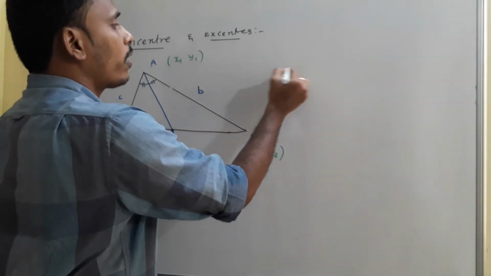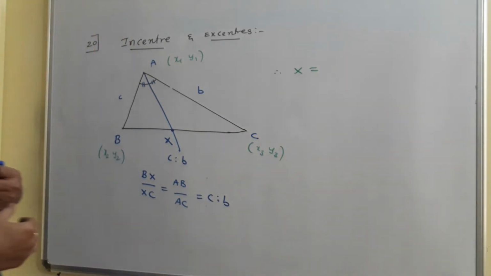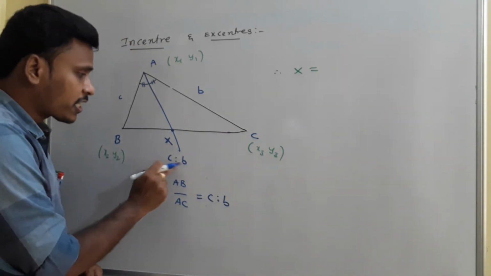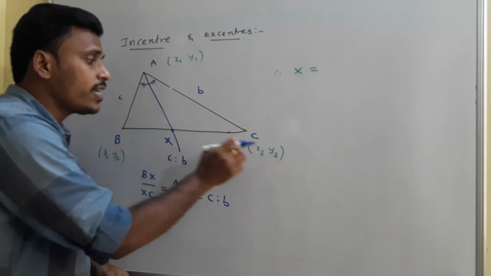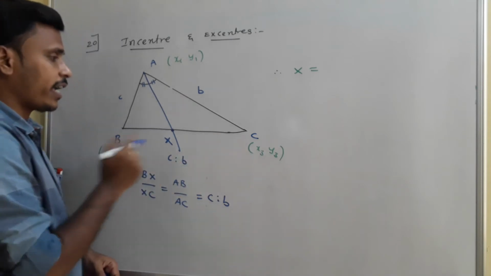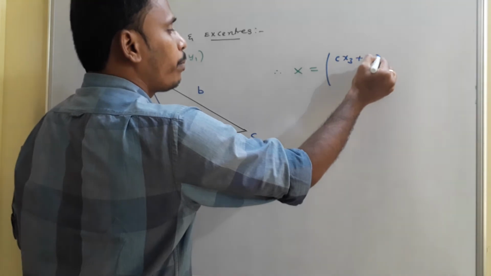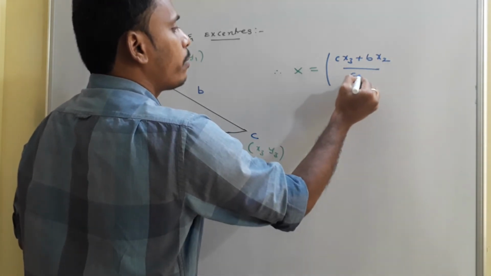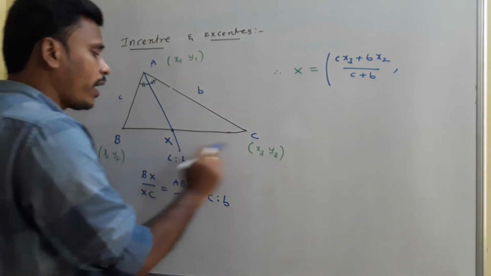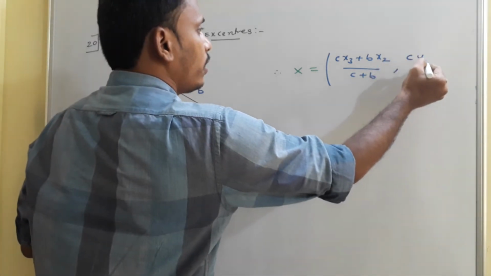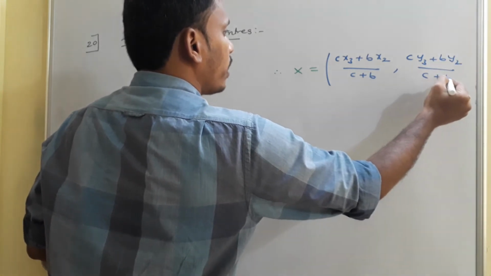How can we identify it? By the section division formula, with (x2, y2) and (x3, y3) in the ratio c is to b, X is (c x3 plus b x2) divided by (c plus b), comma, (c y3 plus b y2) divided by (c plus b).